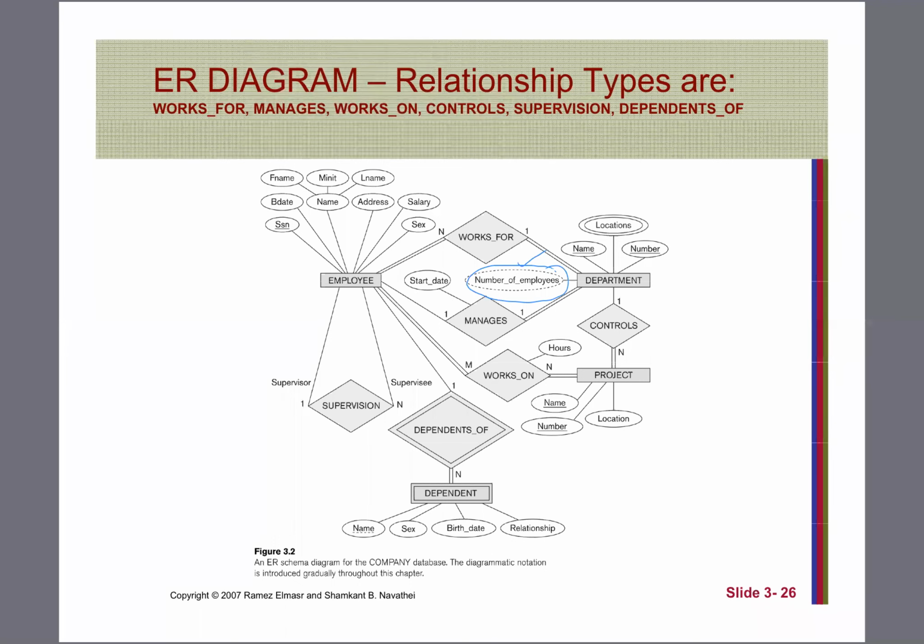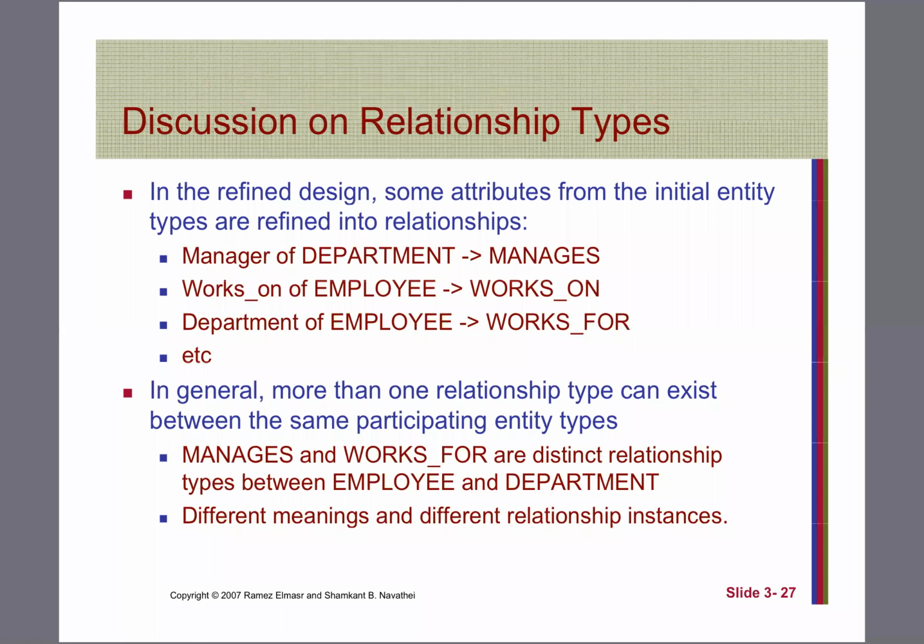So let's go ahead and discuss a couple of other things now. Discussion about the relationship types. If you have observed all these attributes and entities for which the diagram was drawn in the company database, and understood it well, then you must have observed that there are a couple of entities, for example employee and department, which can have more than one type of relationship between them.